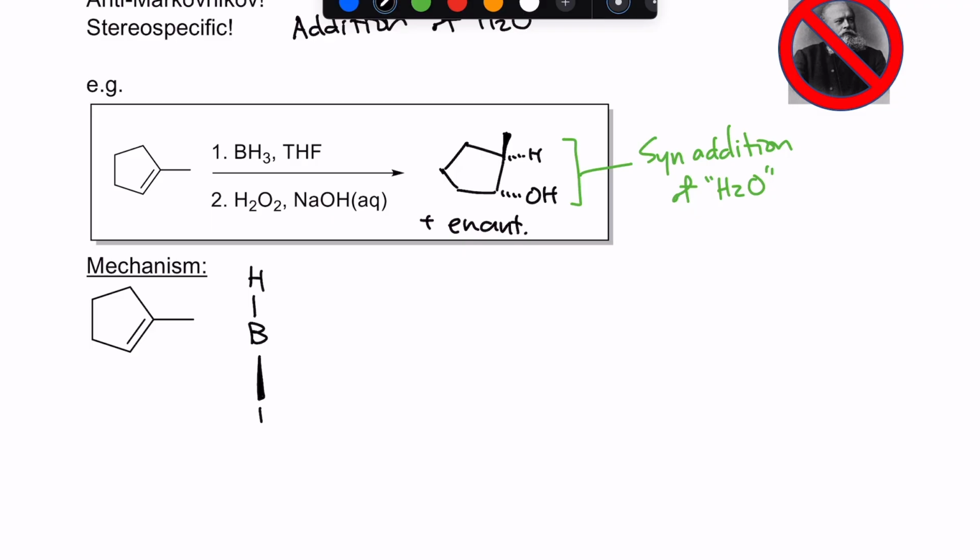I want you to notice that borane, BH3, if you draw the Lewis structure, hopefully it makes sense that the boron should be sp2 hybridized, which means it's trigonal planar in geometry. It's a flat molecule like this completely. And because it's sp2, there is a p orbital that borane is not using. There's an empty p orbital here.